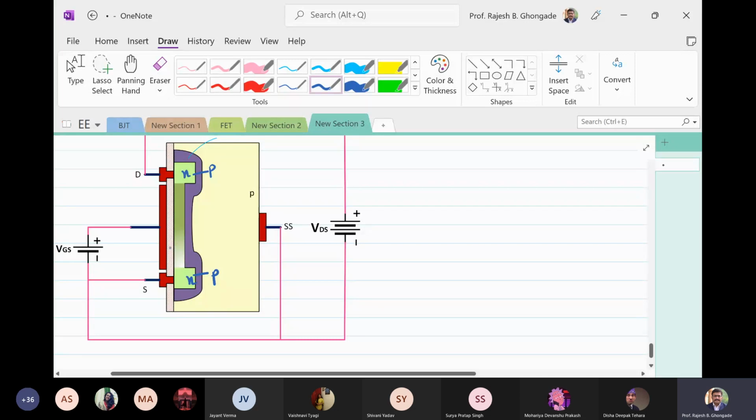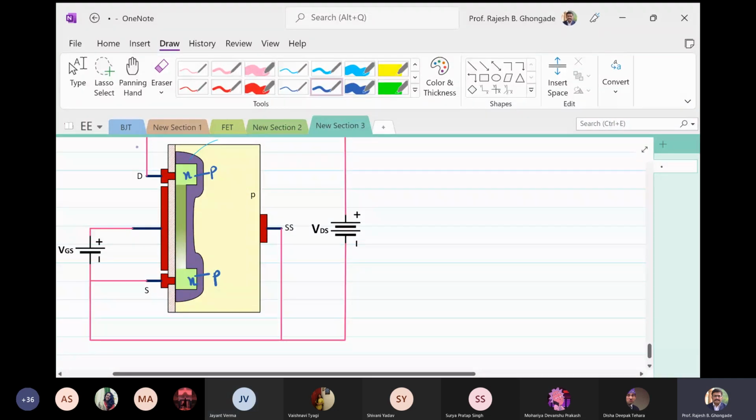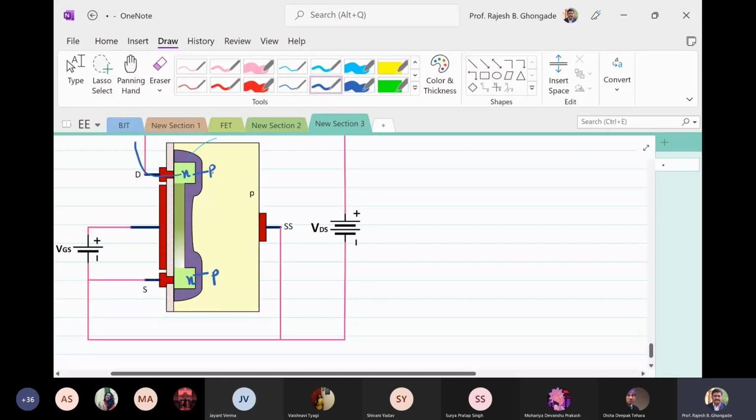Reverse bias क्यों है? To begin with, because N is connected to positive and P is connected to negative, as you can see here. आया समझ में?